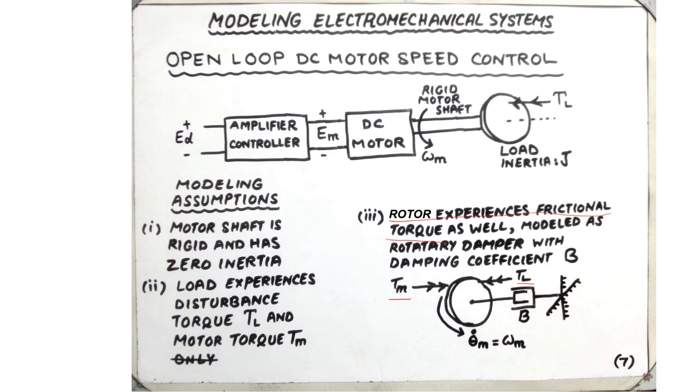And because the rotor is mechanically coupled to the load, whatever frictional torque the rotor experiences is the same as the frictional torque experienced by the load, that is modeled by means of a rotary damper whose damping coefficient is capital B. So the complete model, the mechanical subsystem of our electromechanical system, is the load inertia experiencing the motor torque, the disturbance torque, as well as the torque due to the rotary damper whose damping coefficient is B. That is the complete description of the mechanical subsystem under discussion.